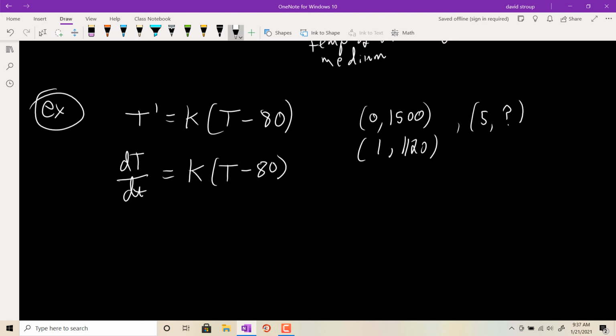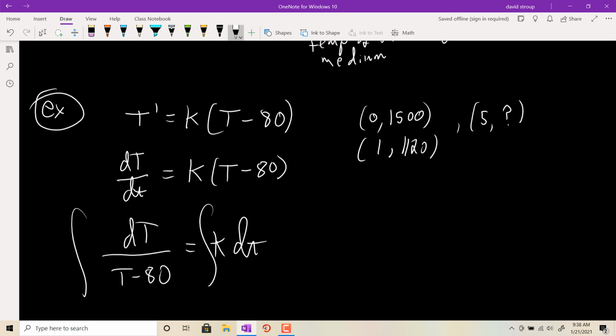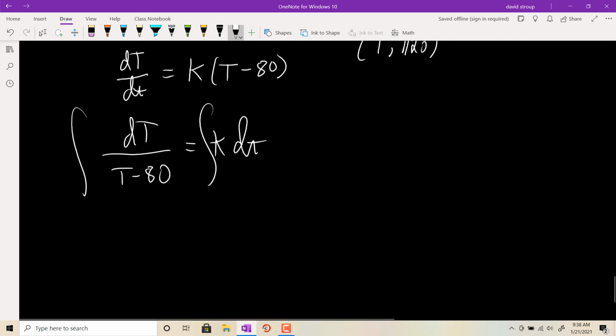So I'm going to kind of separate it again, like I've been doing previously. It's a lot like an exponential growth equation, except it has that minus 80. Otherwise, it would be exactly the same, right? Anyways, bring the little dt to the other side, divide both sides by T minus 80. Okay, so I have k dt. Integrate both sides, and we're going to get the ln of the absolute value of T minus 80 equals kt plus the integration constant.